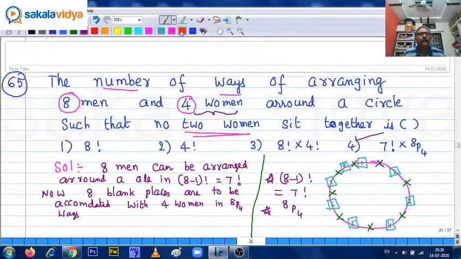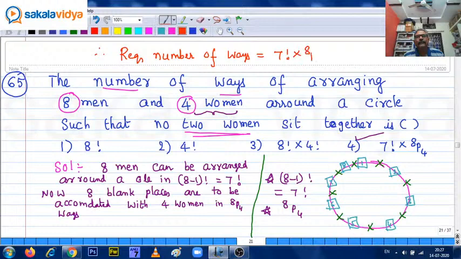Therefore the required number of ways is equal to 7 factorial times 8p4. This is our answer. So that means the fourth option is the right option.